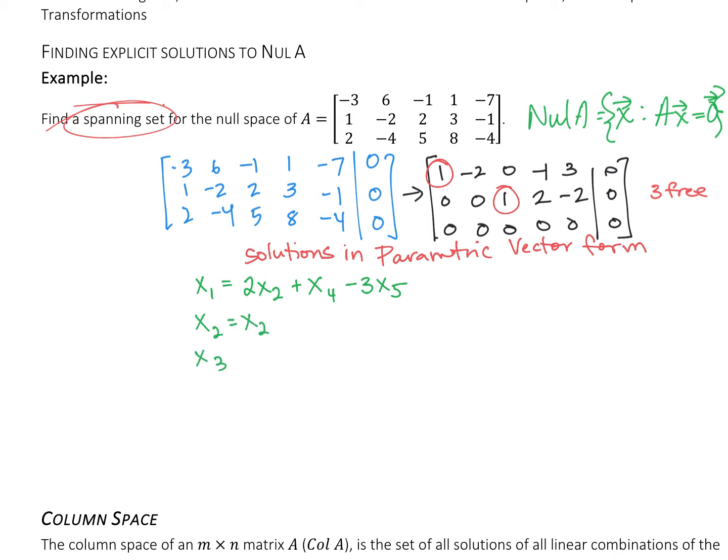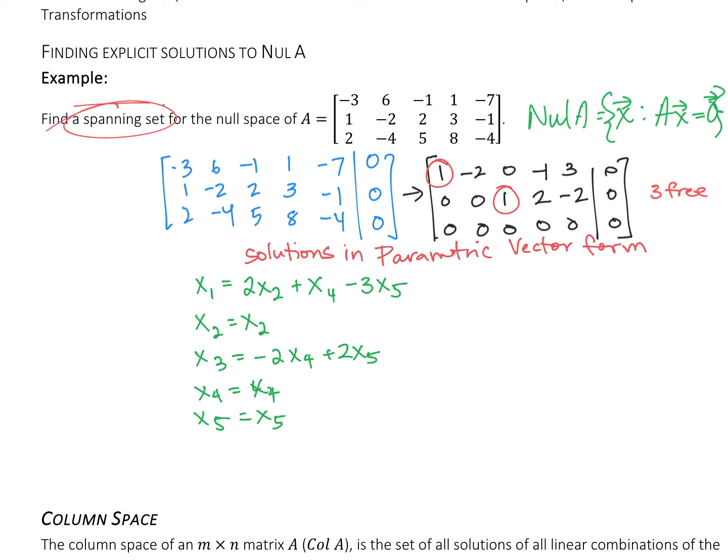x3 is equal to negative 2x4 plus 2x5. x4 was free, so it equals itself, and x5 was also free.